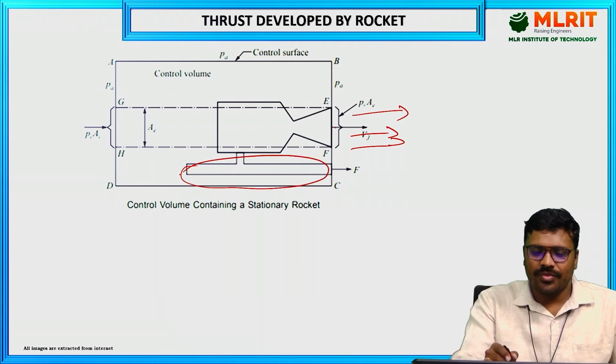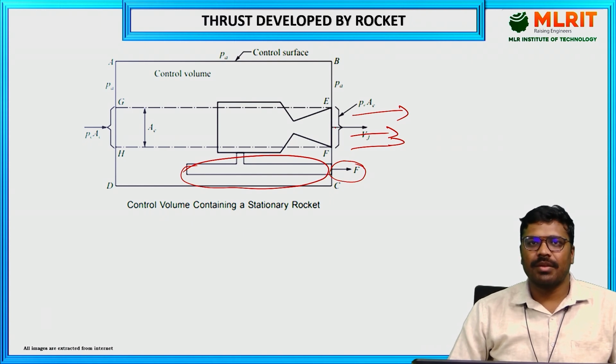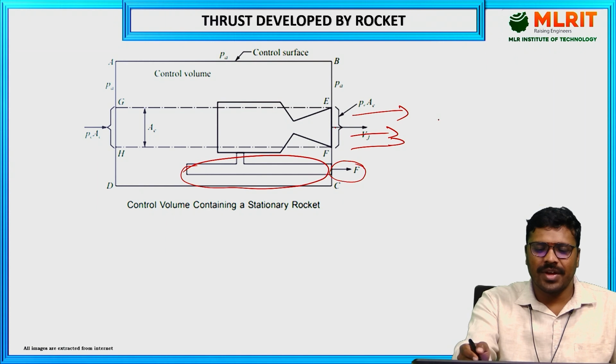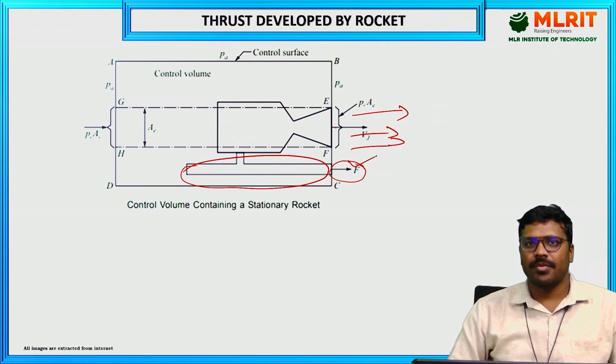So whatever force acts on the support is nothing but the thrust developed by the rocket. The reaction force developed by the momentum of gases will act on the fixed support, and that is nothing but our thrust developed by a rocket.